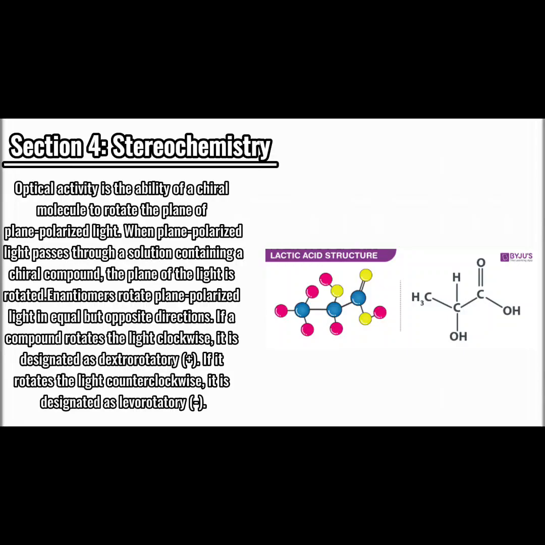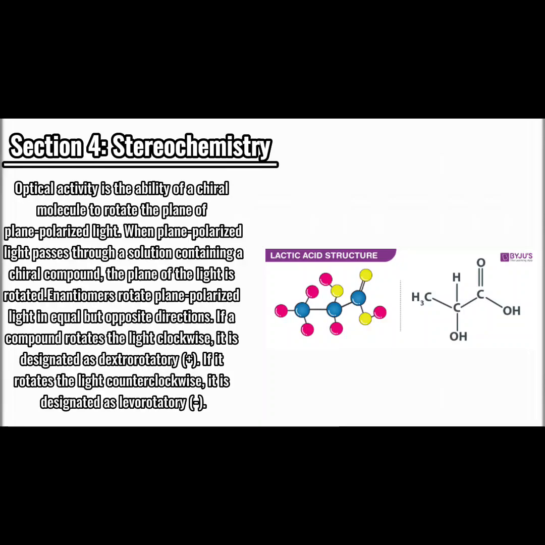Optical activity is the ability of a chiral molecule to rotate the plane of plane polarized light. When plane polarized light passes through a solution containing a chiral compound, the plane of the light is rotated. Enantiomers rotate plane polarized light in an equal but opposite direction.